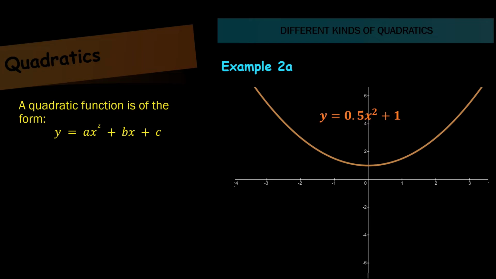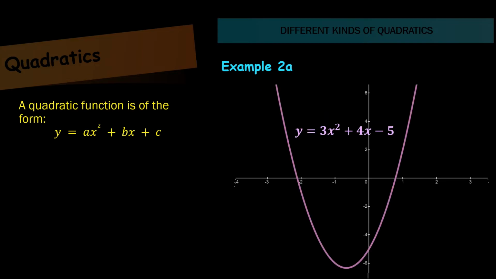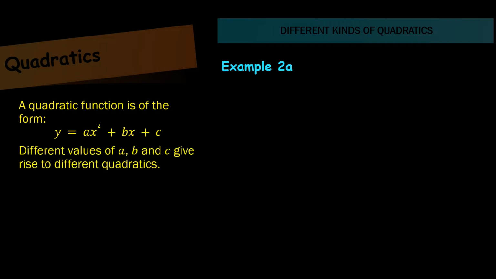Notice that the graph has kind of widened. And here's y equals 3x squared plus 4x minus 5. The graph seems to have shifted away from the point 0, 0, and it's narrowed again. So different values of a, b and c give rise to different quadratics.